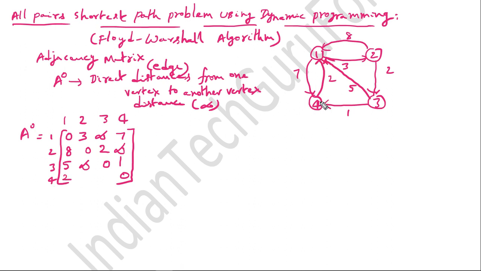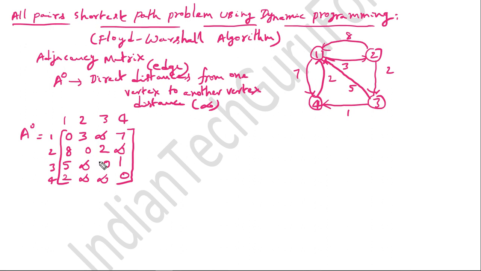From 4 to 2, there is no direct edge, so it will be infinity. From 4 to 3, there is no direct edge, so the value will be infinity. Like this, we have filled the values for A power 0, which represents the initial distances between all the pairs of vertices.